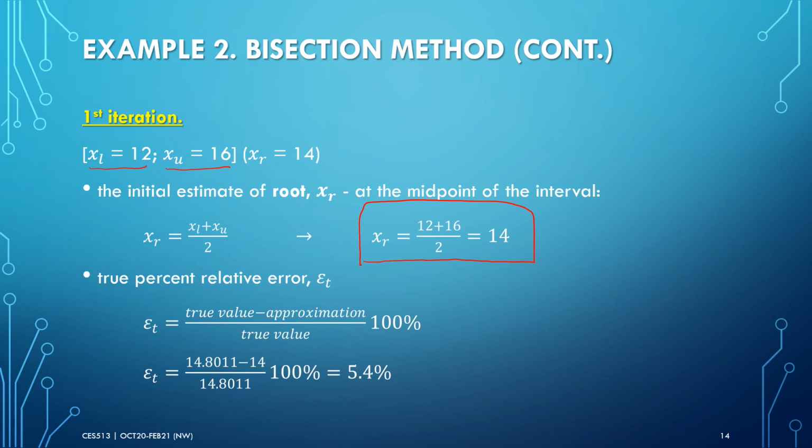This estimate represents a relative error, epsilon t equal to (true value minus approximation) divided by true value times 100%. So here we get the true percent relative error equal to 5.4%.